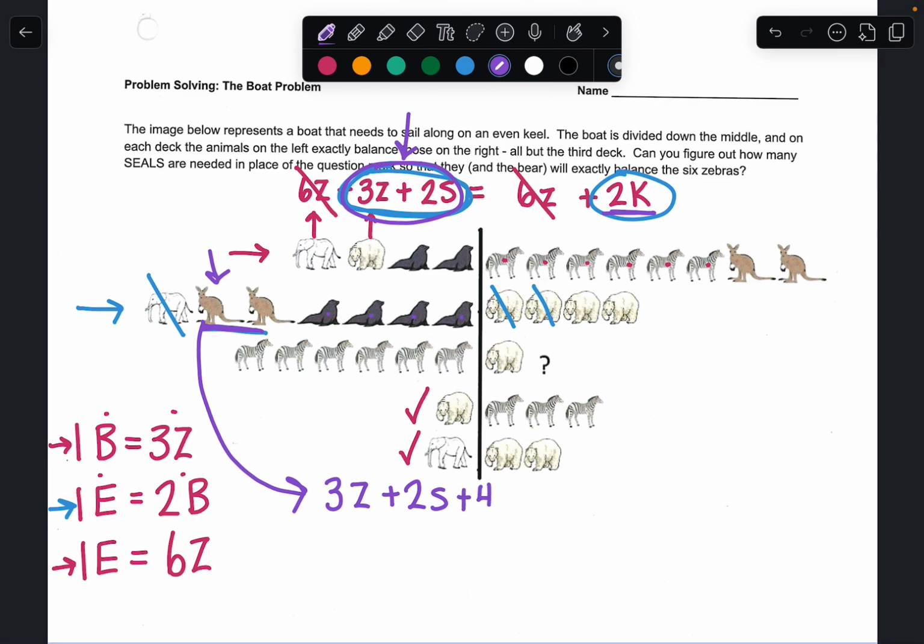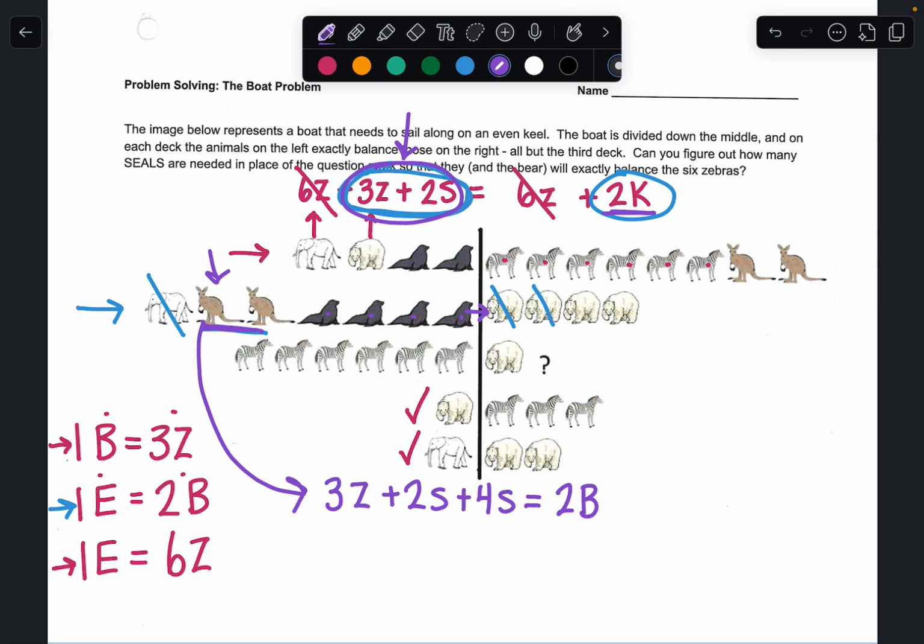So we have 4 seals on that side as well. That's supposed to equal, across the little deck here, 2 bears. But instead of bears, we want to convert that to zebras, because it's better to have just zebras and seals rather than bears in there as well.